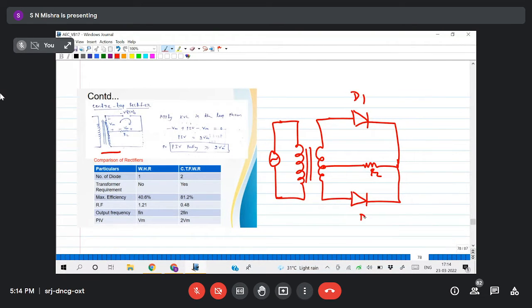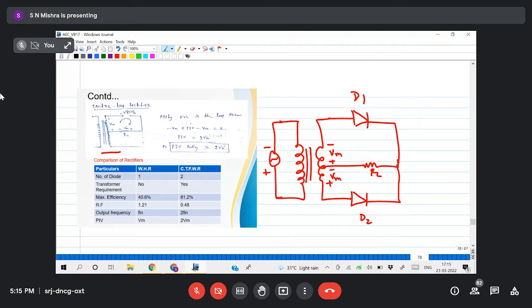D1, D2. Same case, I will take minus plus, so I'll get plus minus here, making two voltages. So here let us take VM, and here also VM. Which diode is on, and which diode is off?